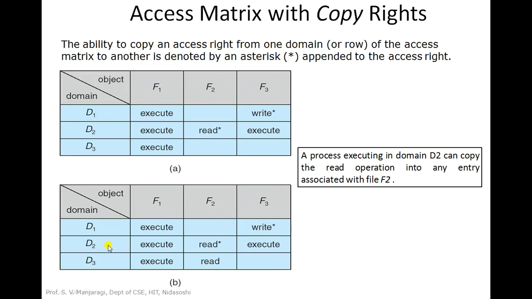So in this example, any process executing in domain D2 can copy the read access right into an entry associated with F2. The entries associated with F2 are this one and this one, where a process in domain D2 can transfer the copy rights.